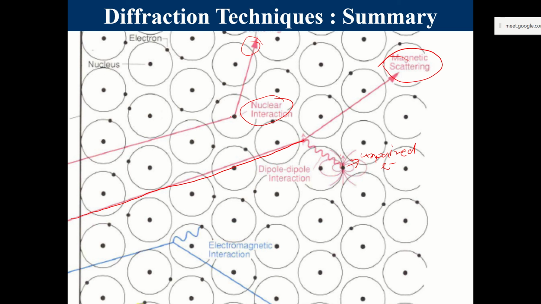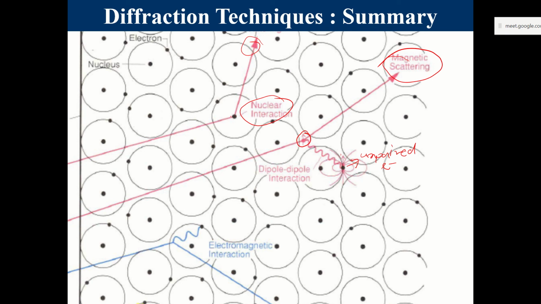This is an example of magnetic scattering. When it passes through an atomic center which has an unpaired electron, that unpaired electron has a magnetic field, and the neutron itself behaves as a tiny magnet. You see in the picture, this arrow denotes the magnetic moment of the neutron.